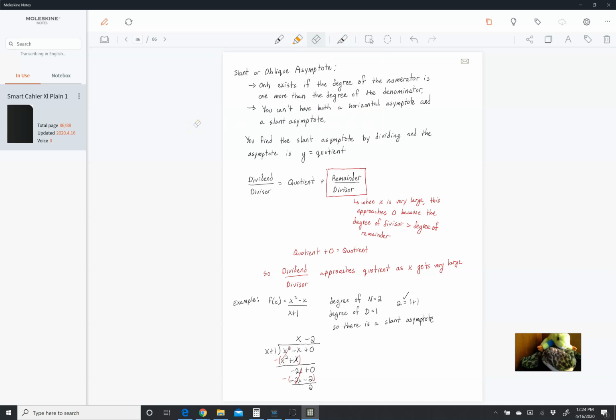So our slant asymptote is y equals x minus 2. And just so that you have it, our vertical asymptote, remember, is where the denominator is equal to 0. So our vertical asymptote is x equals negative 1.